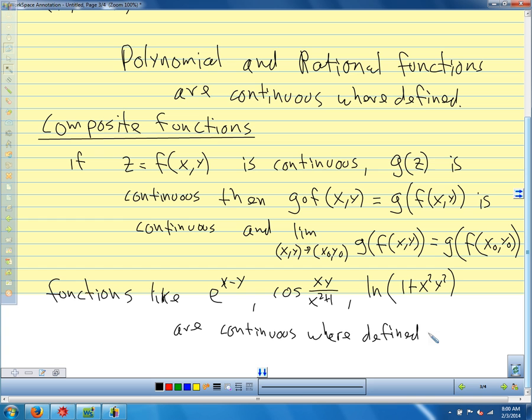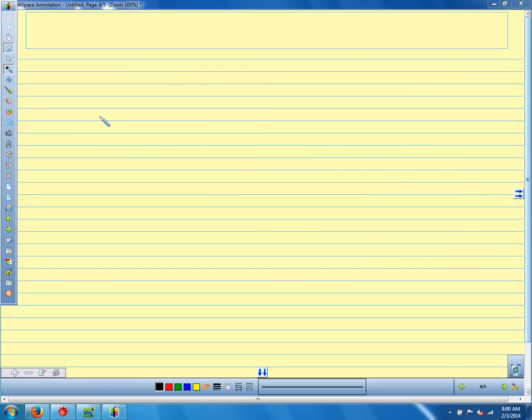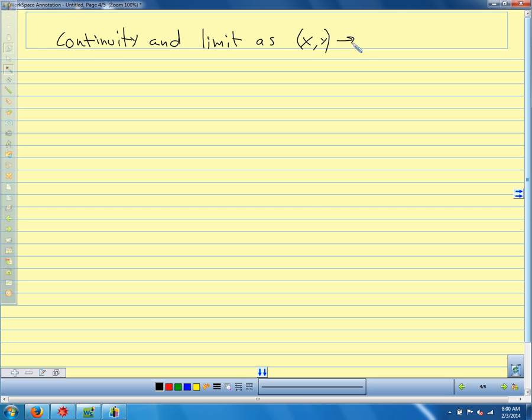All right, so let's look at, on all of these, we want to talk about continuity and the limit as x, y approaches 0, 0.